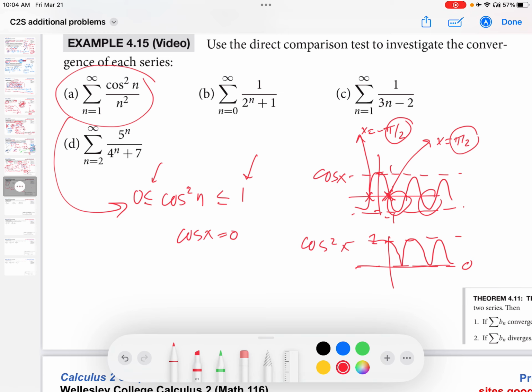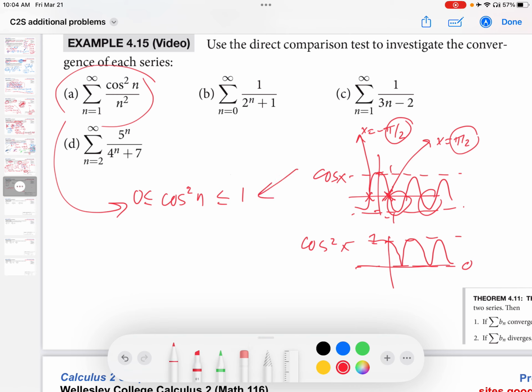They're definitely not natural numbers, which is what the n's in series always are. Why is all this important? Because we now know that cosine squared n can never be equal to 0, because the n's are 1, 2, 3, 4. Also, we know that it's at most equal to 1. We don't have to worry whether or not it actually is equal to 1. We do know that it's at most equal to 1.